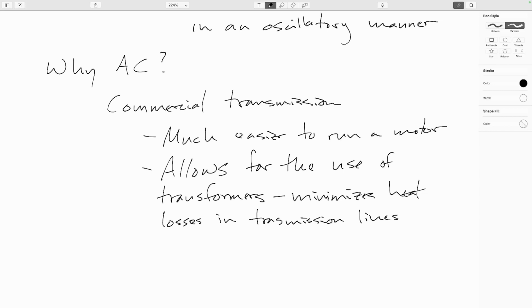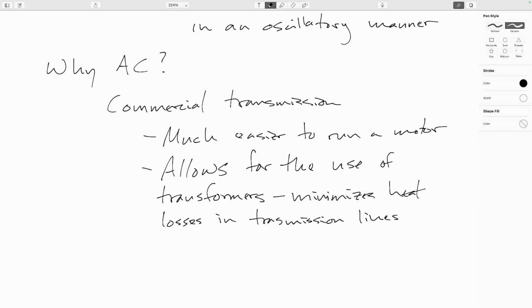So much so that if you remember your history about the Battle of the Currents, one of the big problems with doing DC transmission is that it was at lower voltage and higher current. So it would have been necessary to actually create an electric utility generator about every 2 blocks.